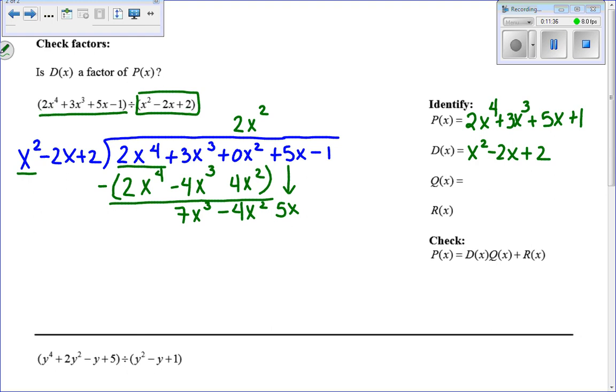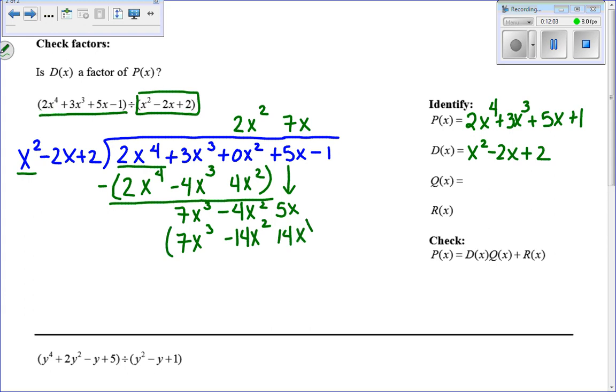Now you're thinking about what multiplies by x squared to get 7x cubed. You're going to multiply by 7x. Okay, 7x times x squared, 7x cubed. 7x times negative 2x, negative 14x squared. And 7x times 2, 14x.